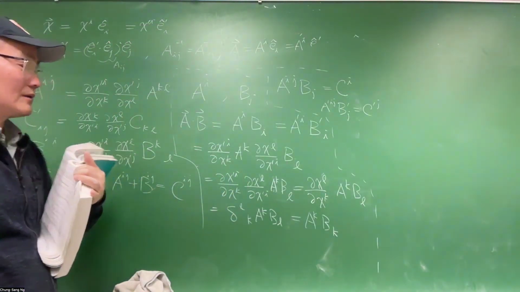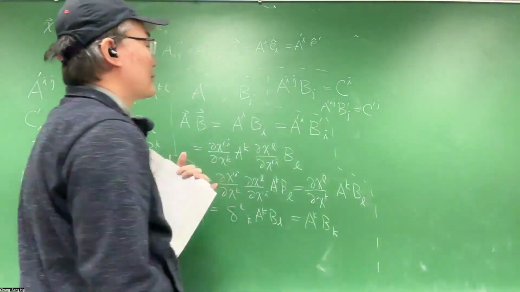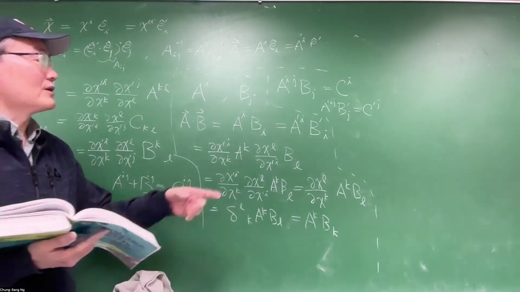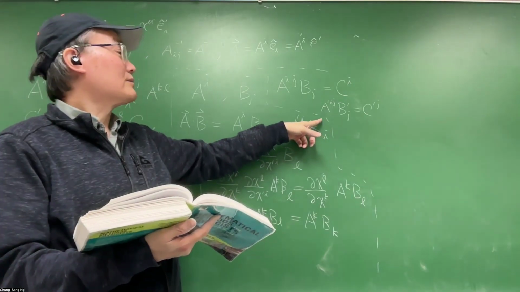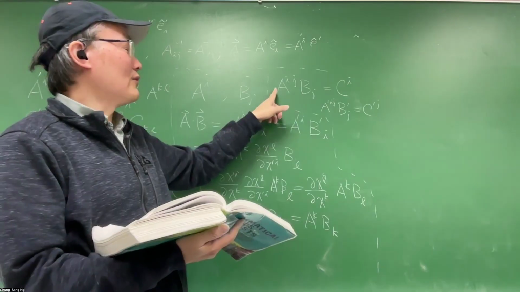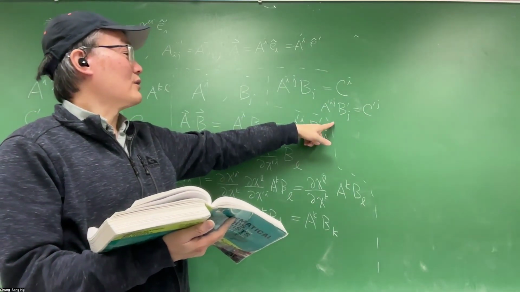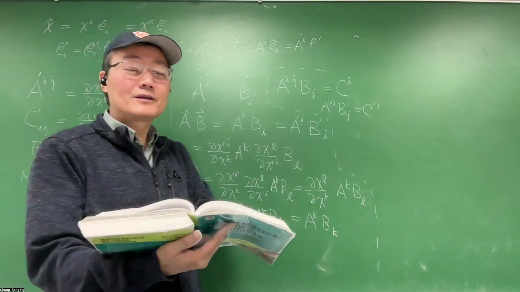You can check that just like what we did here. Any time you do a contraction, this is saying you preserve the form of the equation. You just do a coordinate transformation. Originally the equation is like that; after you rotate the coordinate system, the equation is like that. So the form is exactly the same.